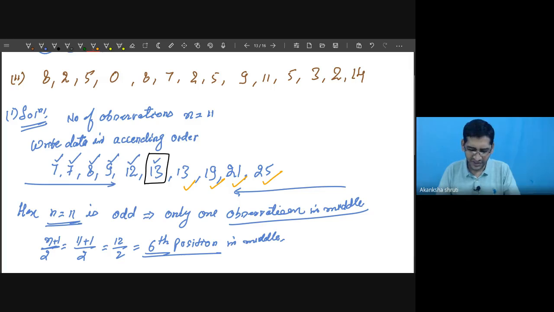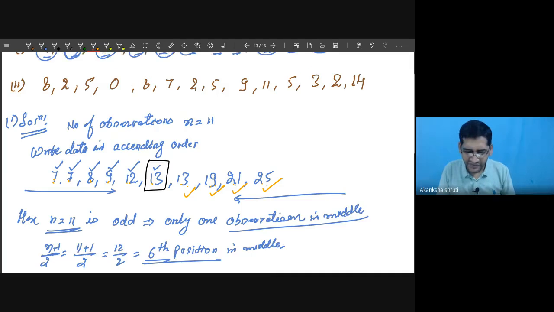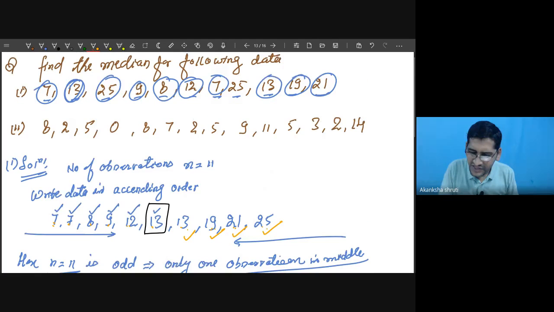So something is missing. Only 10 data we have written. Is there something missing? Yes, student, one more data is missing here.